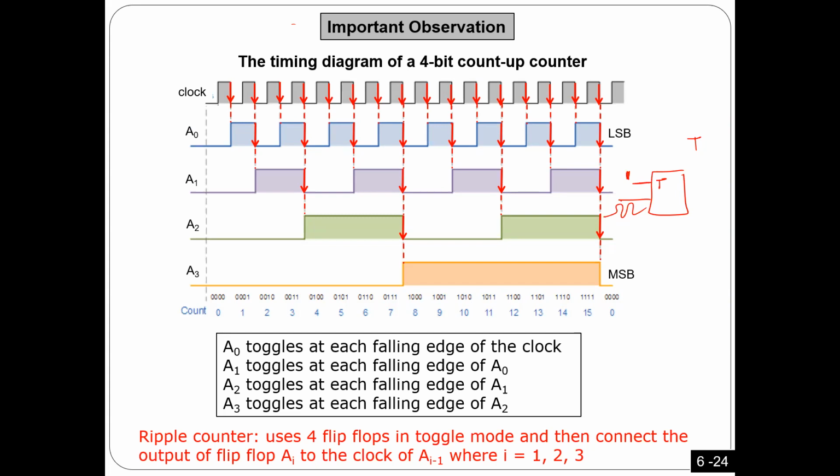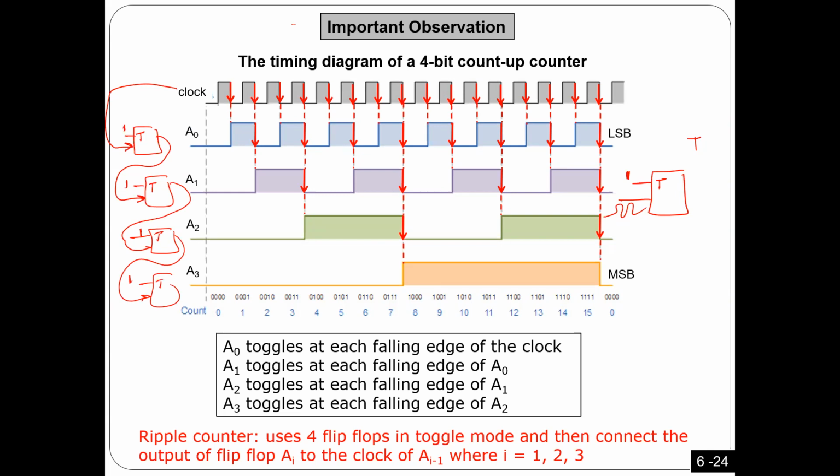I make the next flip-flop a T flip-flop, fix T to 1, and the output here is connected to the clock of the next one. Same thing here, T is 1, and the output is connected to the next clock.